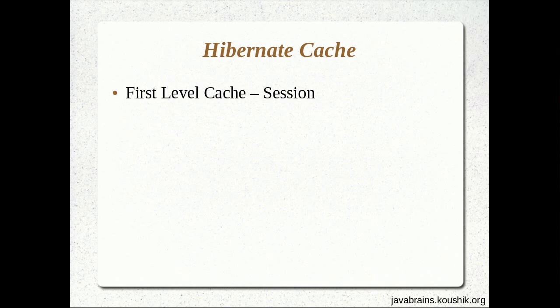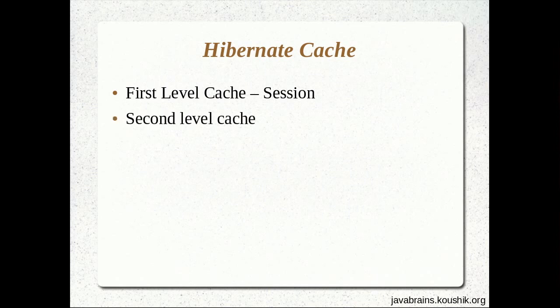So whatever caching happens in the session will not be there for a long time. So if you're accessing data that you had accessed in an earlier session, you would have to query the database if the session is already closed. So you would want another level of cache that goes beyond sessions. So we can implement the second level of cache, and that's what we're going to talk about in these tutorials.